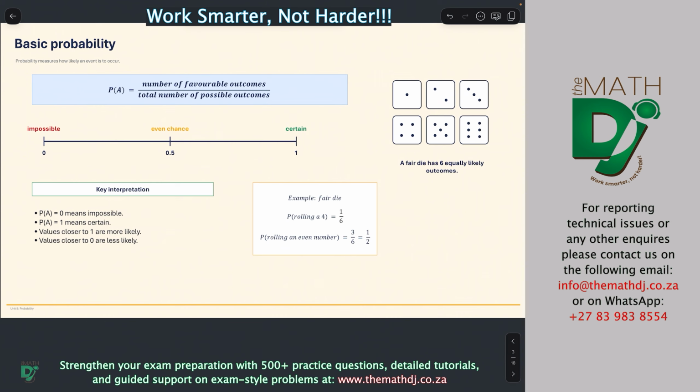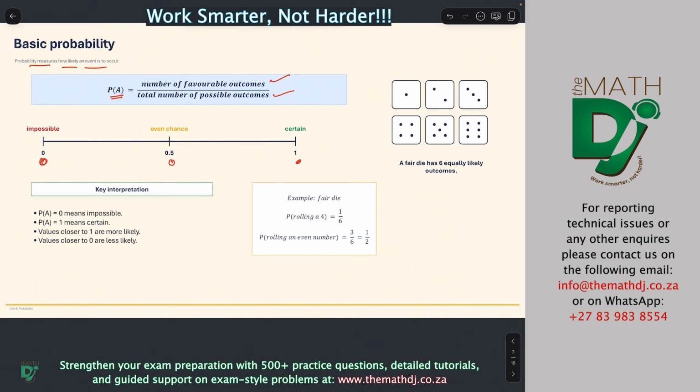So let's move on. Basic probability measures how likely an event is to occur. As we have said before, the probability of event A occurring is the number of favorable outcomes divided by the total number of possible outcomes. If the probability is 0, it means it's impossible. When 0.5, it means it's an even chance, 50%. If it's 1, it means it's certain, it's definitely going to happen.